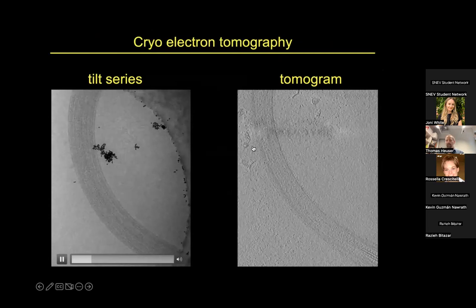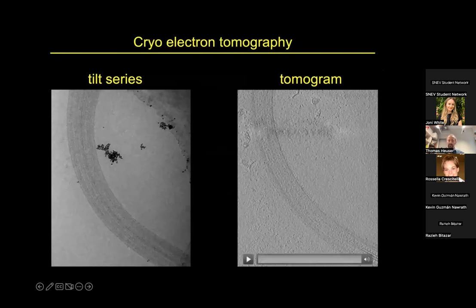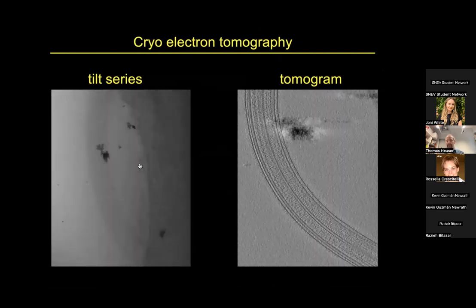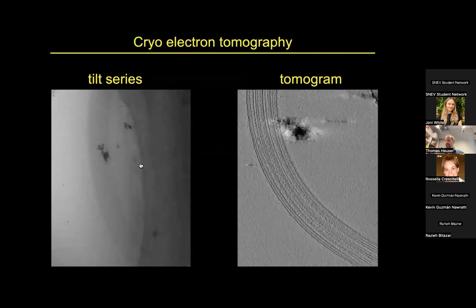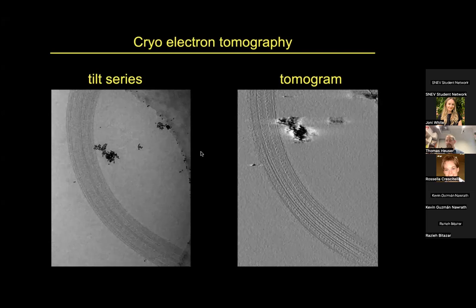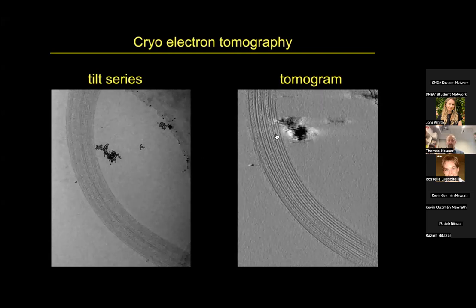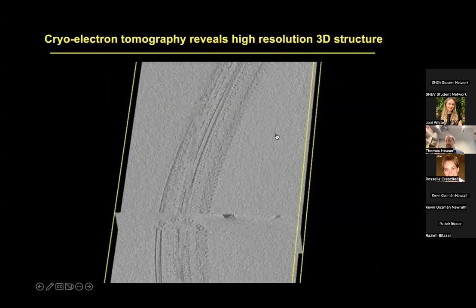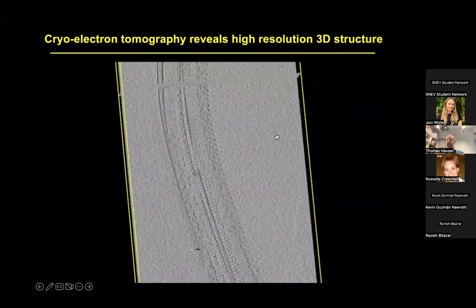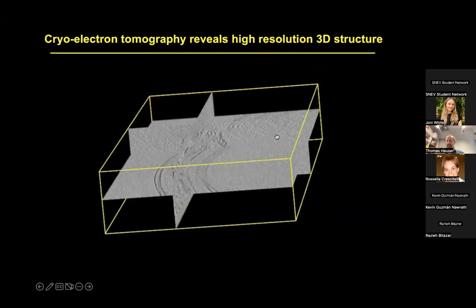The example I show you here is, unfortunately, not a vesicle sample. This is another biological sample that might produce vesicles. These are cilia and flagella. The big advantage of these cryo-electron tomography approaches is we get really 3D data and information.